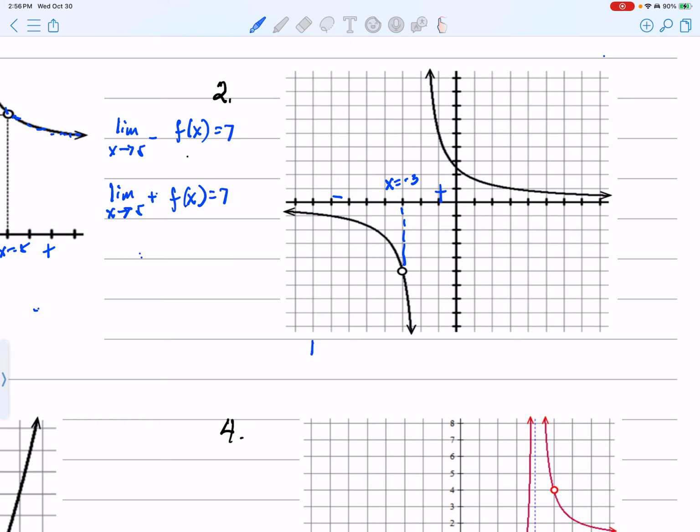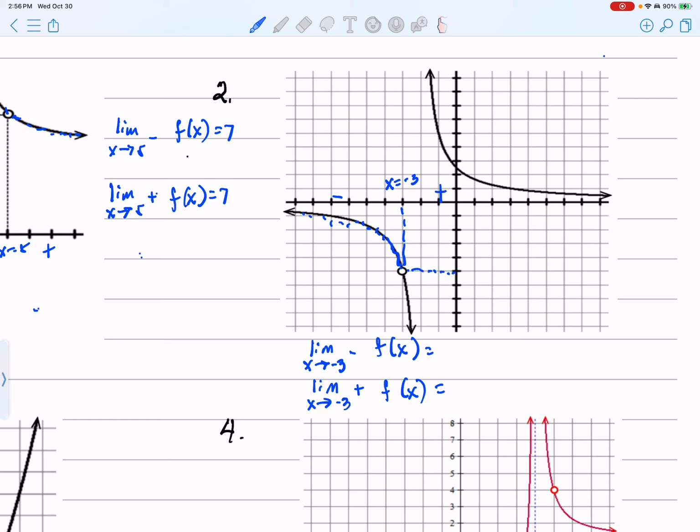So the limit as x approaches -3 from the left, the function of x is, and the limit as x approaches -3 from the right, the function of x is. From the left, if we choose any number going up to the location of the hole, it approximately reaches this point here.